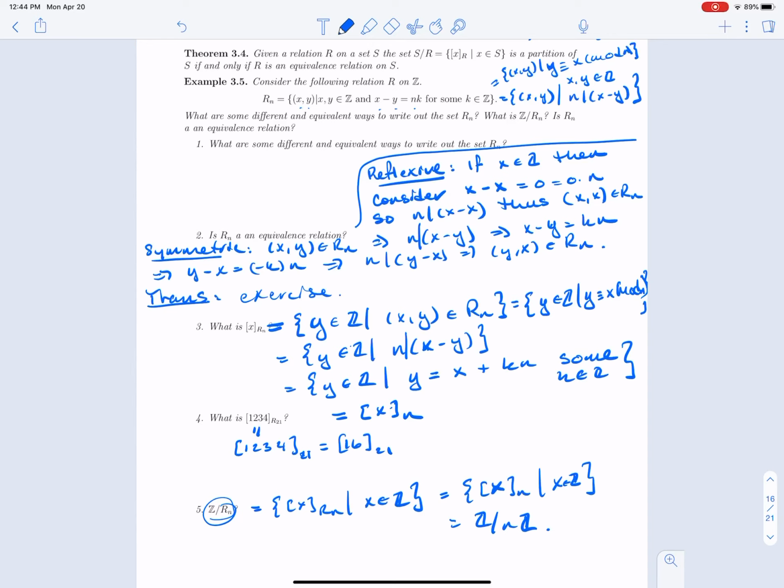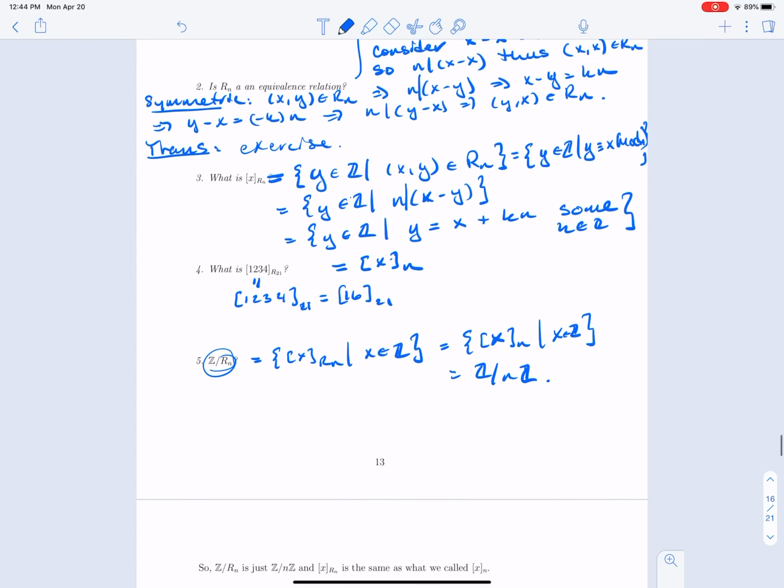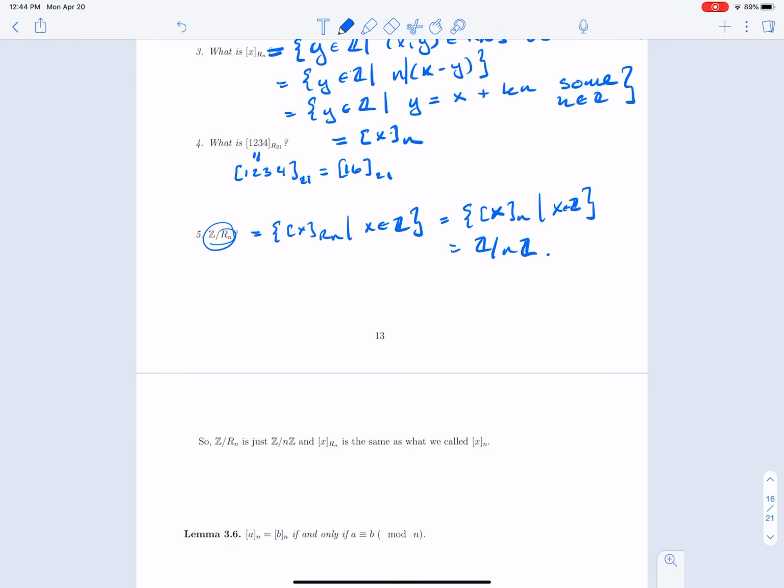So this is nothing more than the relation that we started talking about in the very beginning. We showed that it was an equivalence relation, and the set of all integers, when we look modulo this relation Rn, is nothing other than Z mod nZ, as we said before. So this is just the class of 0 mod n, the class of 1 mod n, the class of 2 mod n, all the way up to n minus 1 mod n.